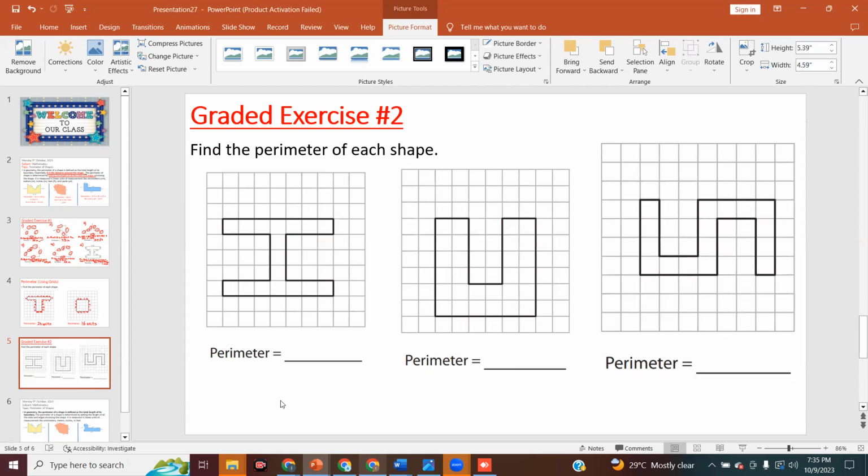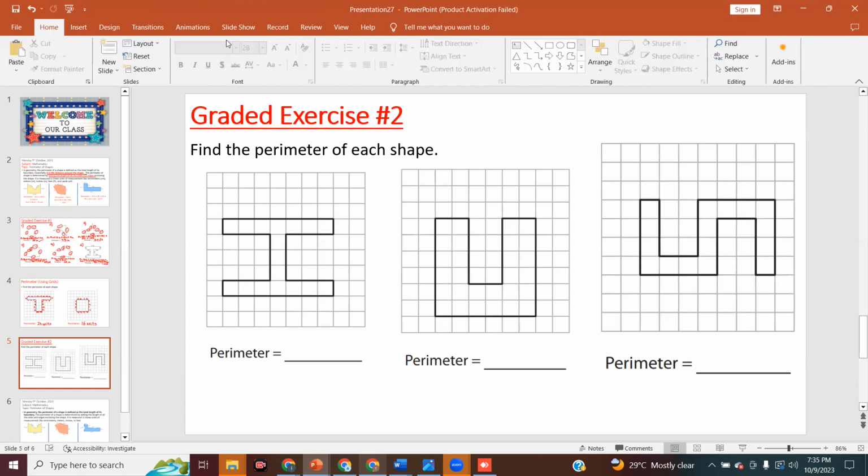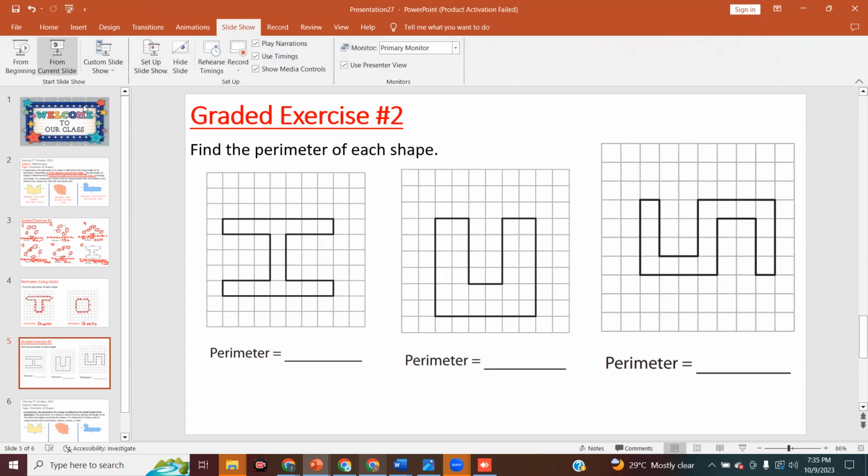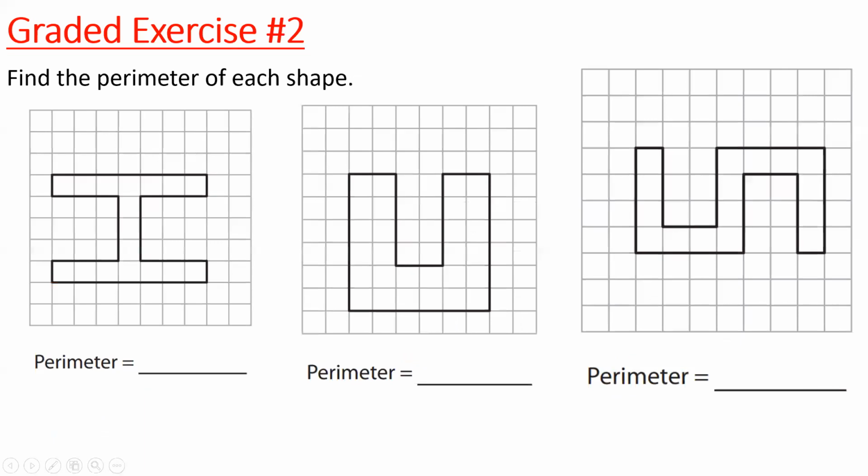All right, only 3 of them I'll give you, seeing that we have time constraints. Find the perimeter of each shape. This is number 1, this is number 2, and this is number 3. Once you're finished with your work, what are you supposed to do? Take a picture. Very good. Take a picture of it and send it to me via WhatsApp.